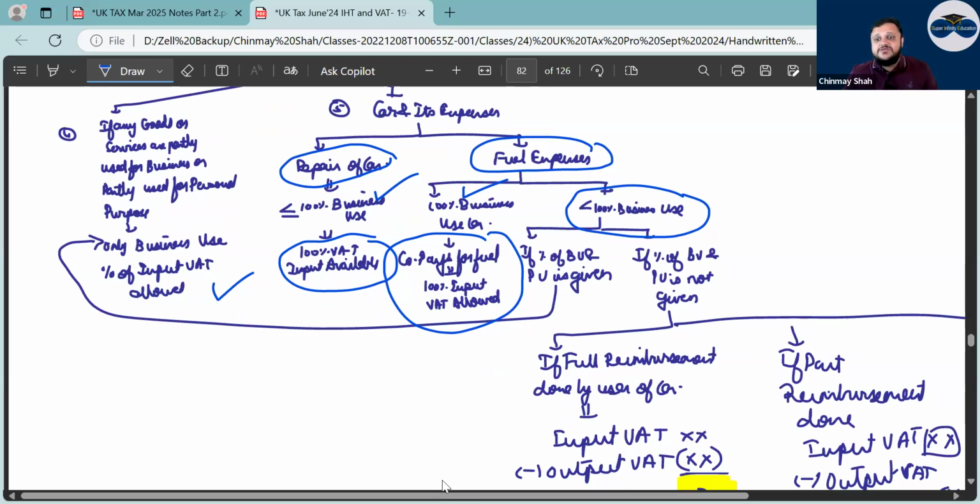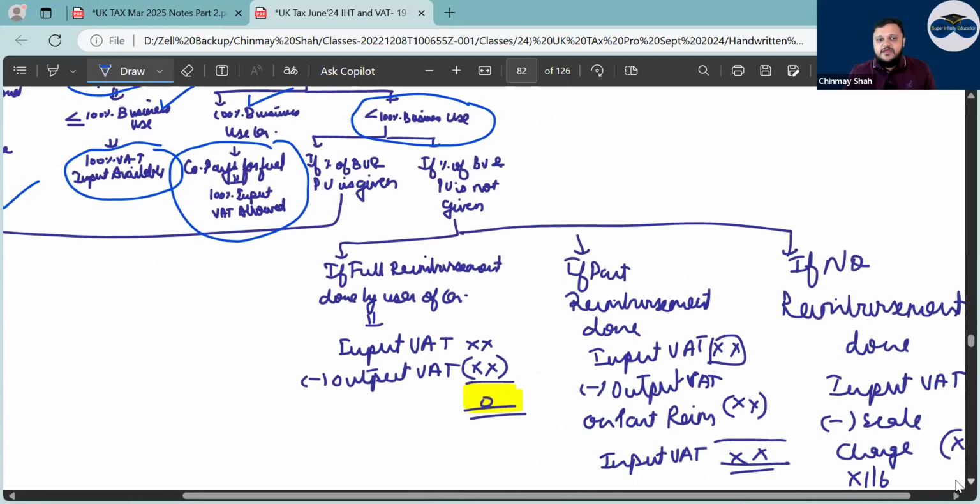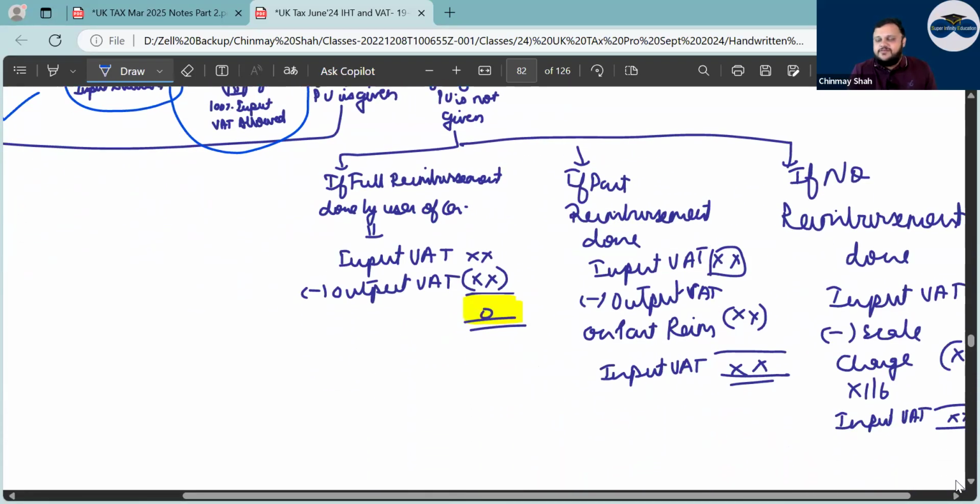But if the percentage of business use and private use is not given, three options are there. If full reimbursement is done by the user of the car, see, I'll tell you, I am an employee and the company has given me a car for my private as well as business use. I am not able to justify how much is business use or personal use.